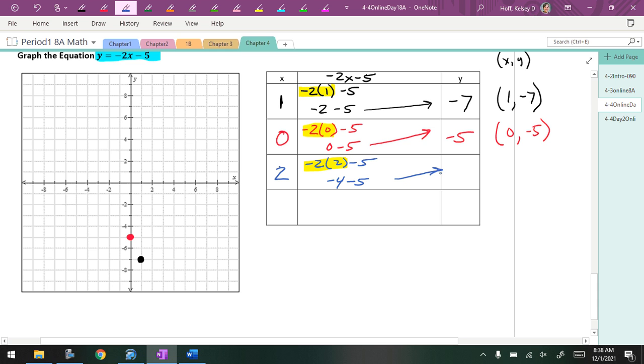Minus 5. Negative 4 minus 5. Negative 9. 2 comma negative 9. Plot 2, negative 9 on your graph.